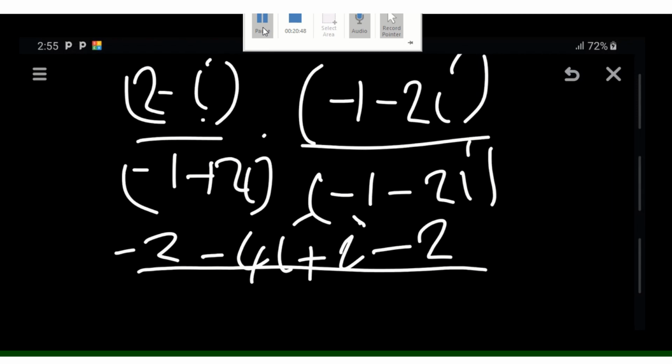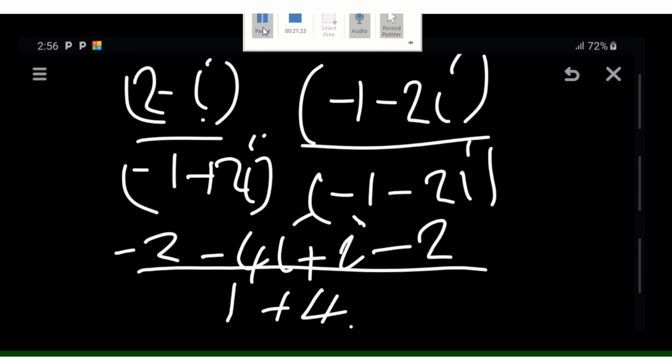I'll do it like this. 1 times negative 1 times negative 1 is positive 1. 2i times negative 2i: 2 times negative 2 is minus 4, i times i is minus 1. So minus 1 times minus 4 is plus 4.